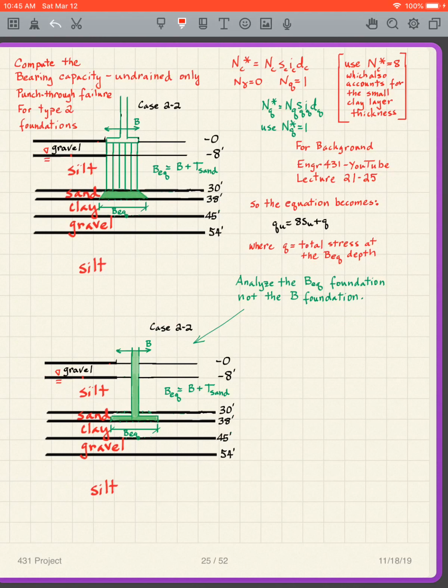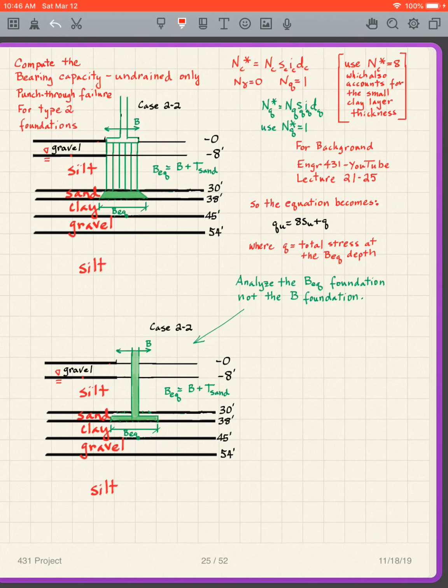Now we're going to use the standard bearing capacity equation, which is going to break down to the following. I'm going to simplify it for you. We have our NC star is going to be NC times SC IC DC. We will have N gamma equal to 0, and because it's clay undrained, NQ is 1, again, because it's clay undrained.